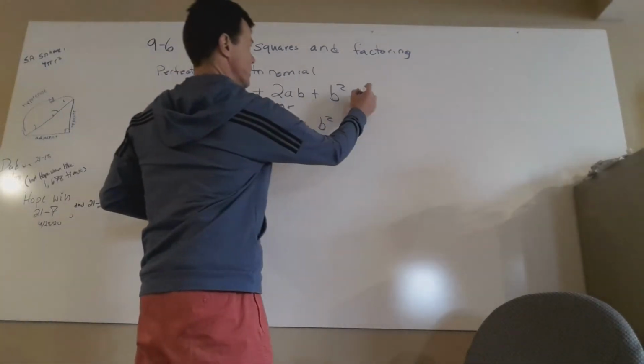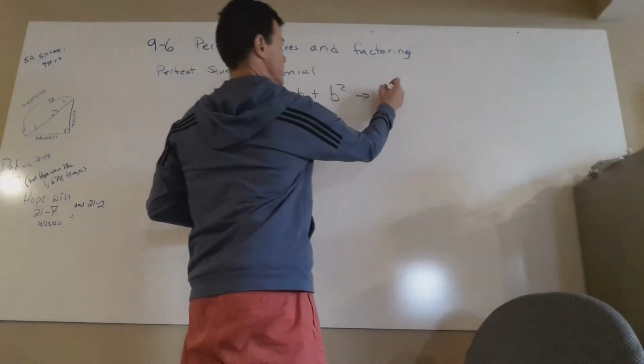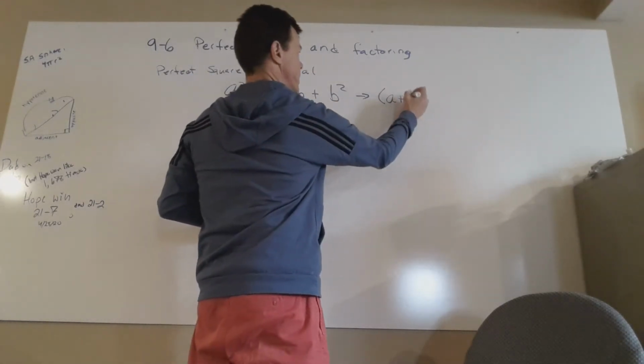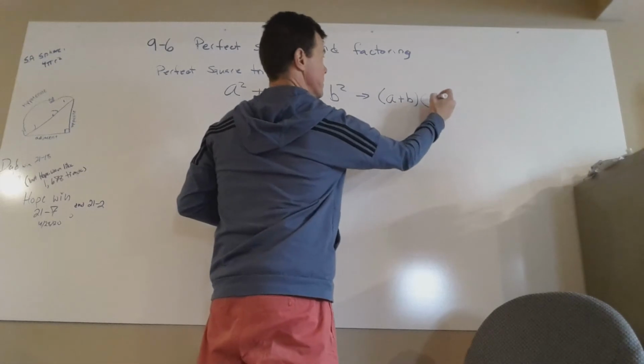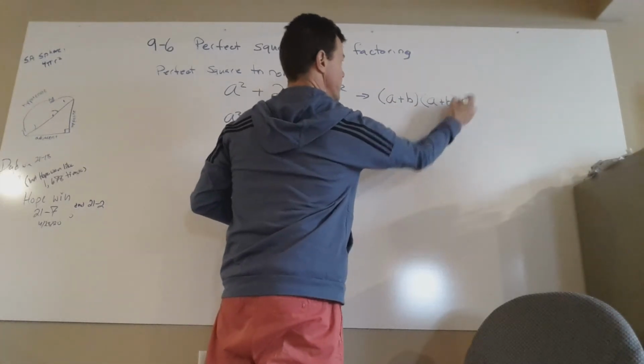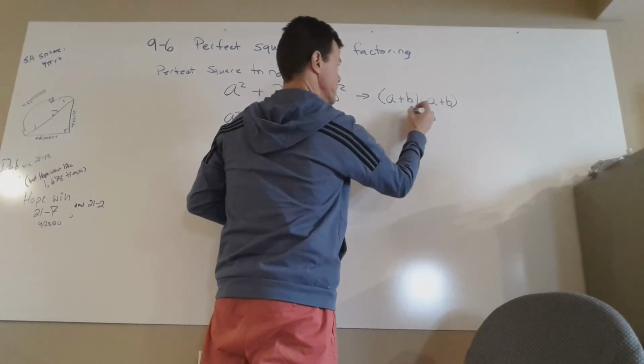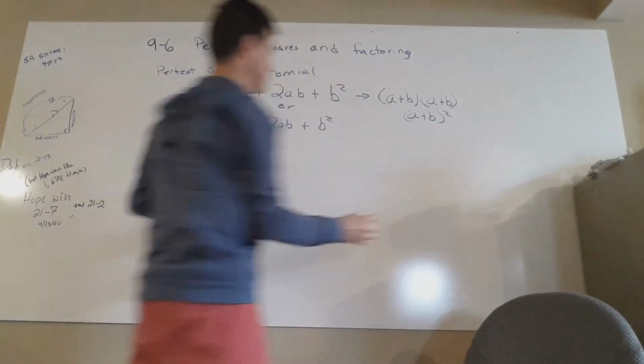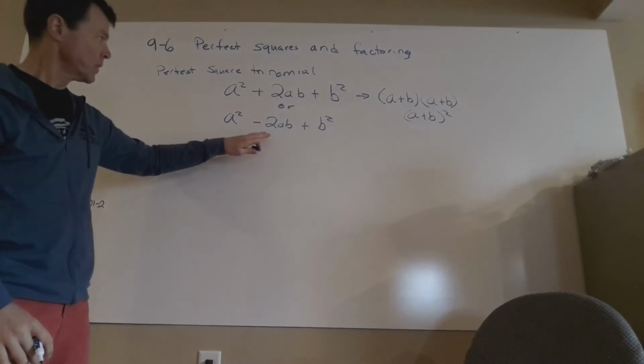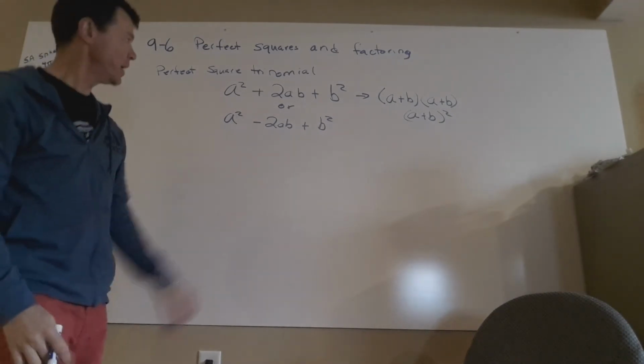So this factored is the quantity a plus b, or you could just write a plus b quantity squared. Likewise, it's the same for this one.